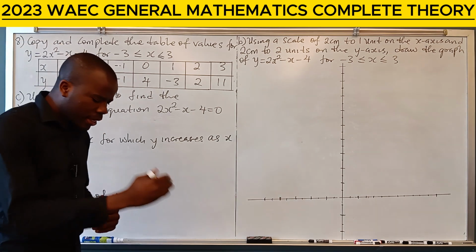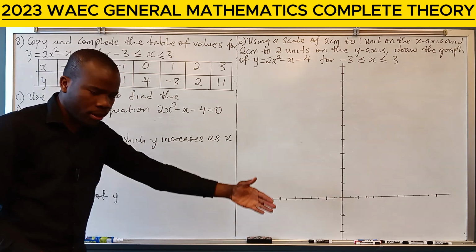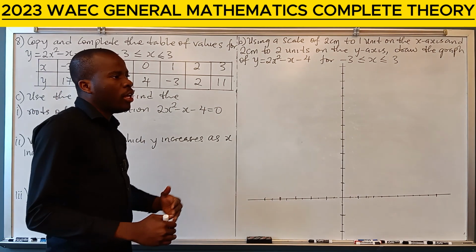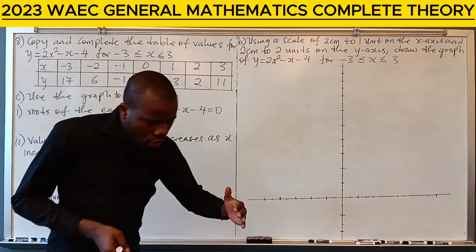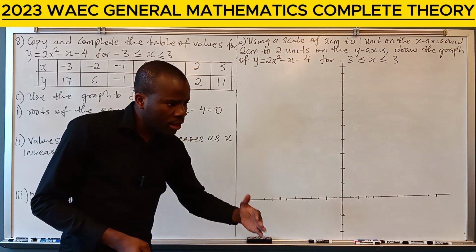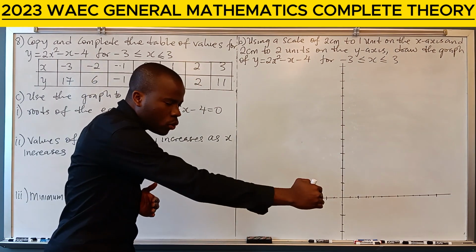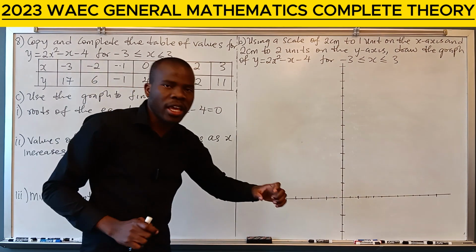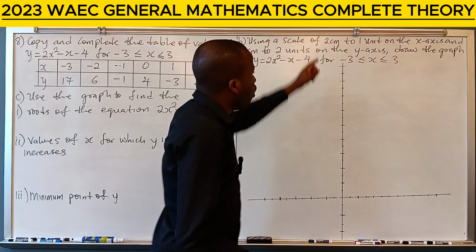When we say a scale of 2 cm to 1 unit, what do we mean? So in your graph, when you count 5 little boxes, that is what we call 1 cm. 10 little boxes is 2 cm. So for every 10 boxes is 1.